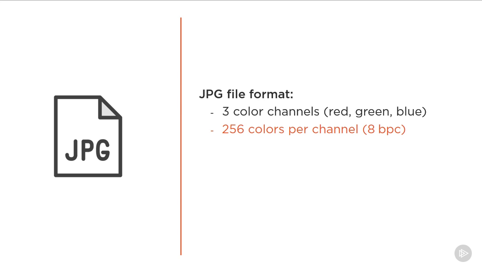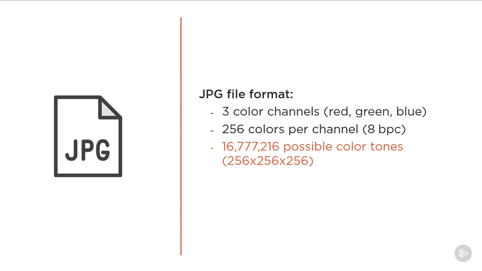Essentially, what that means is each channel can store 256 different color tones: 256 in the red channel, 256 in the green channel, and 256 in the blue channel. When you multiply all of those together, a JPEG image can store over 16 million possible color tones.